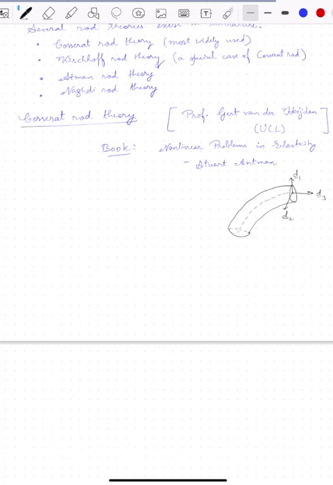Say we have this, and any cross section. There is a tangent, and then we have normal, and then we have binormal.